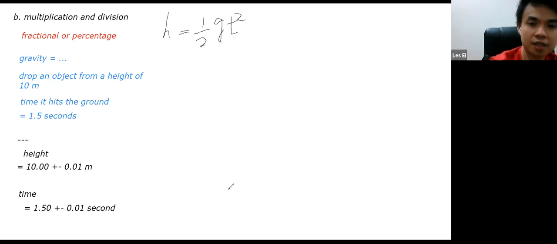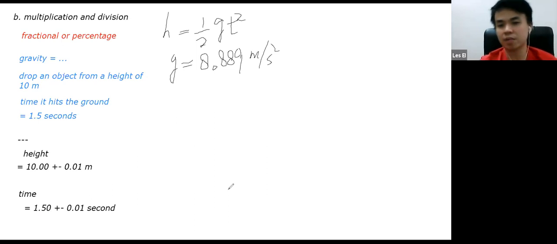So I just put in the formula and then I will be able to count the g, right? So it means I have 20 divided by 1.5 squared. The g I get is 8.889 meters per second squared. For instance, you can calculate this.